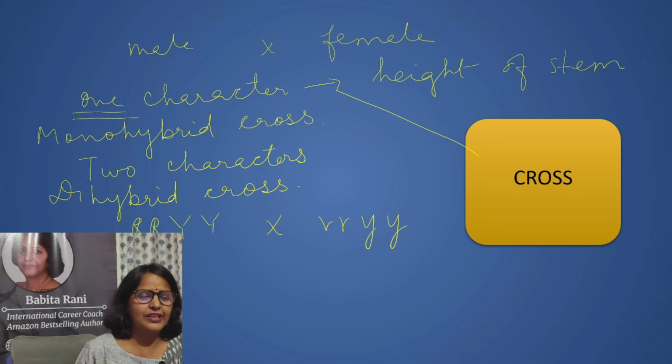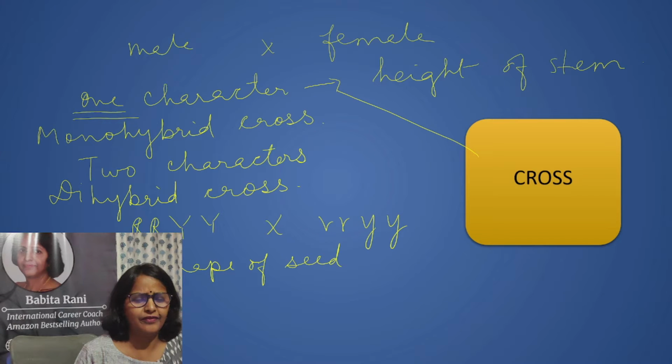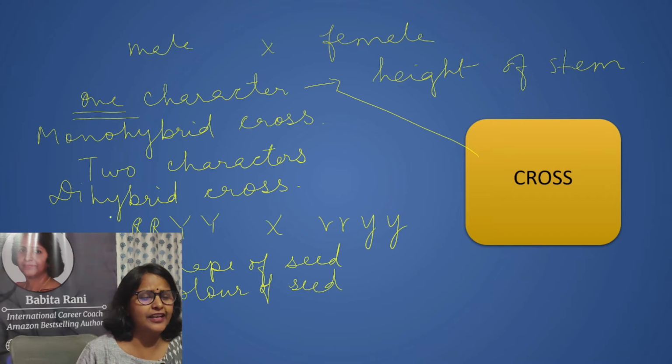Which two characters are we studying? The shape of seed and color of seed. So we are studying two characters at a time. So if we study this way, it is called dihybrid cross.